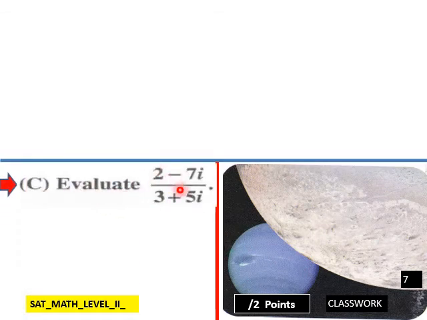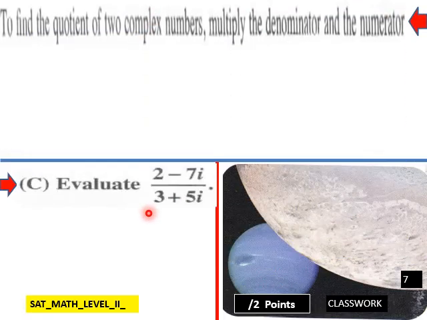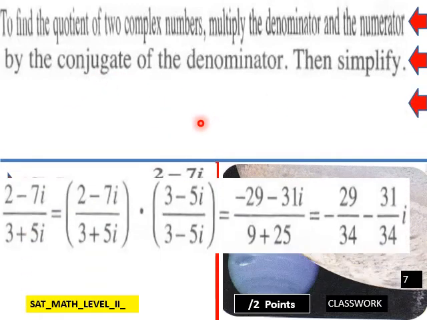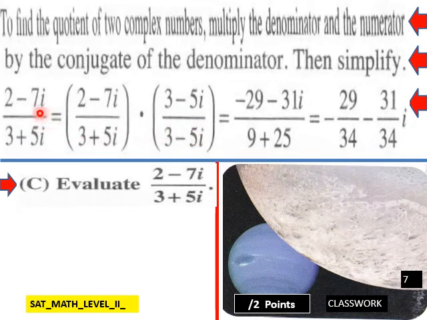So evaluate 2 minus 7i over 3 plus 5i. To find the quotient of two complex numbers, multiply the numerator and the denominator by the conjugate of the denominator, then simplify. So 2 minus 7i over 3 plus 5i will equal 2 minus 7i over 3 plus 5i times, what's the conjugate of 3 plus 5i? It'll be 3 minus 5i over 3 minus 5i.